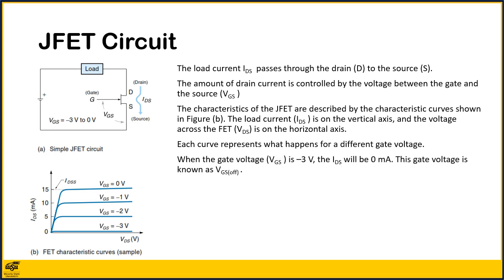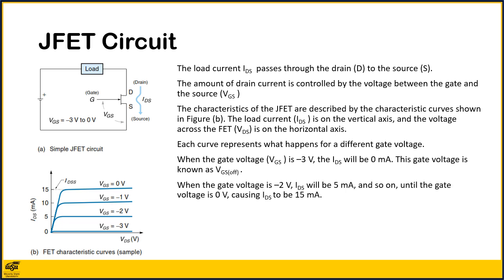For example, when the gate voltage, VGS, is negative 3 volts, the IDS will be 0 milliamps. The gate voltage is known as VGS off. When the gate voltage is negative 2 volts, IDS will be 5 milliamps.